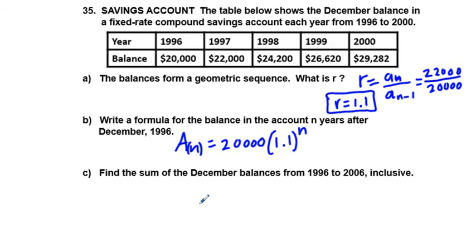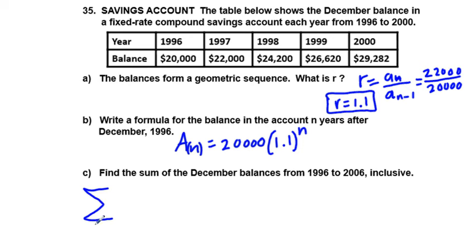There we go. Now find the sum of the December balances from 1996 to 2006 inclusive. And for that, we can use a finite series. And that finite series is exactly this. Let me write this down.